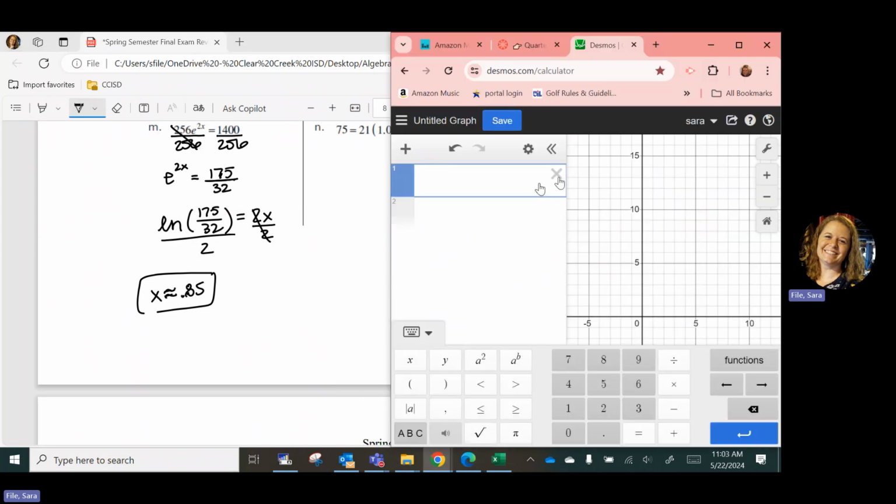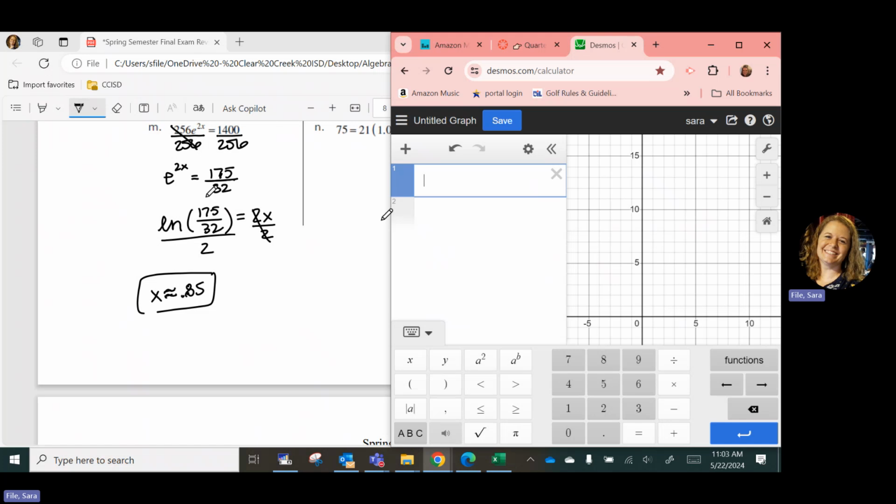When we say solve, solve means you're looking for the x-intercept, right? The solution, the x-intercept, the zero. All of those mean the same thing. So if I want to know the solution, I could graph this and just find the x-intercept from the graph. So that's another option.